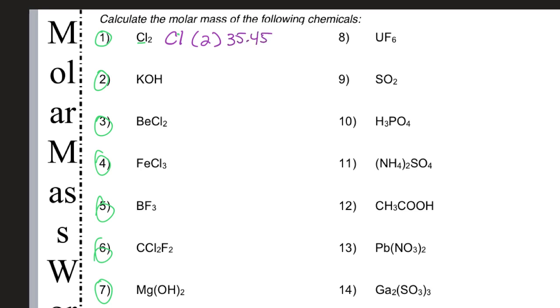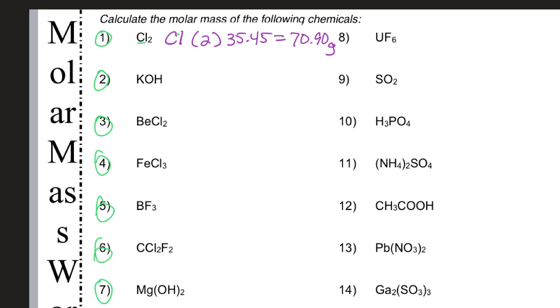So that's all there is, just chlorine. So I'm ready to put it in the calculator. 2, because I have 2 atoms of chlorine. So 2 times 35.45 equals 70.90 grams. I'm just going to abbreviate grams.